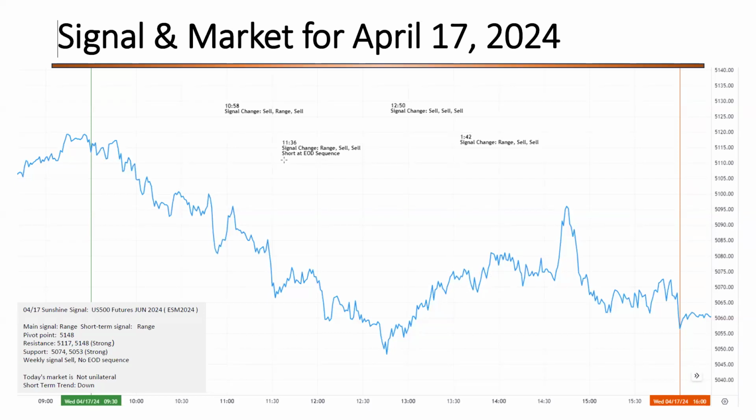And if it does, then you can maybe short that second push up, because we have this short EOD sequence. And sure enough, the market pushed up another 15 points or so, and that could be a shorting opportunity right here, in this 50.90 to 50.95 zone.